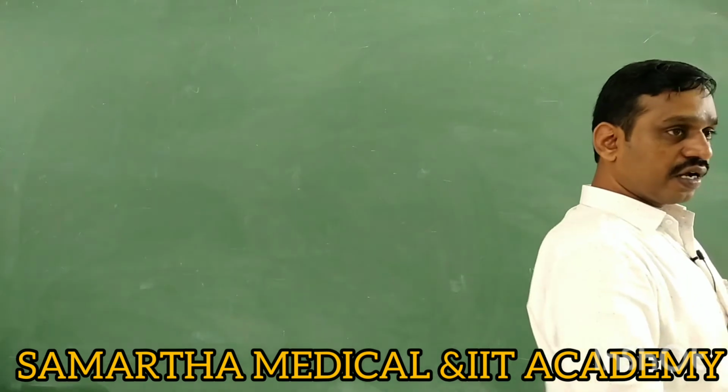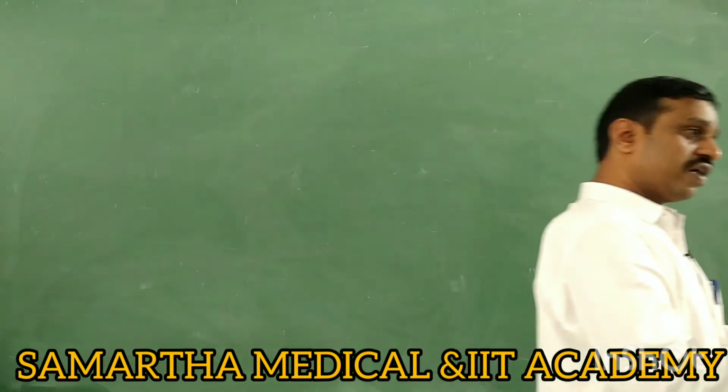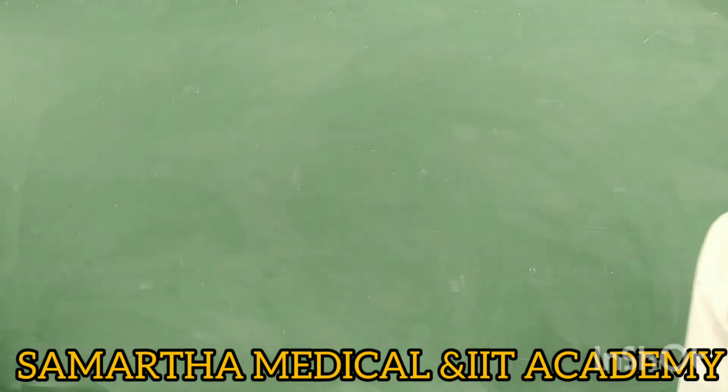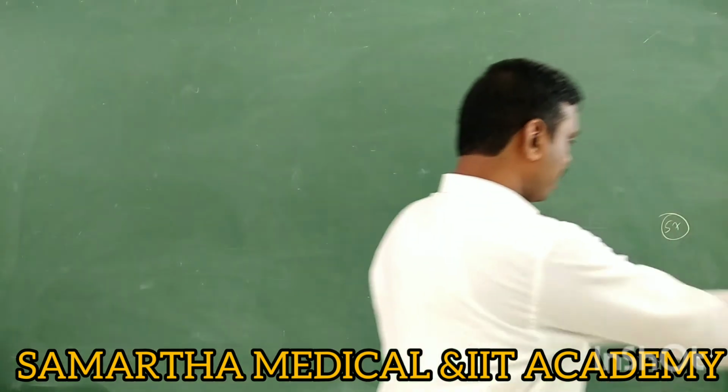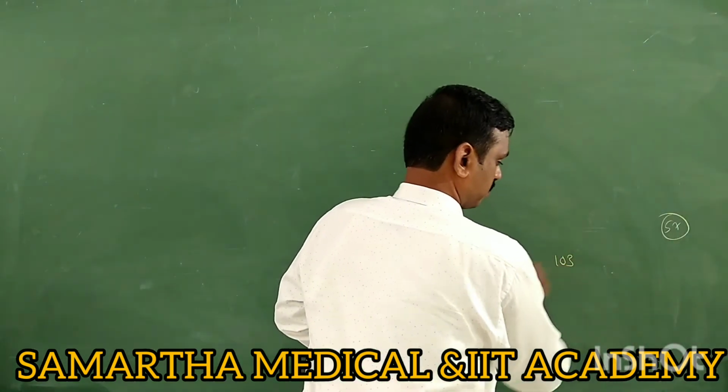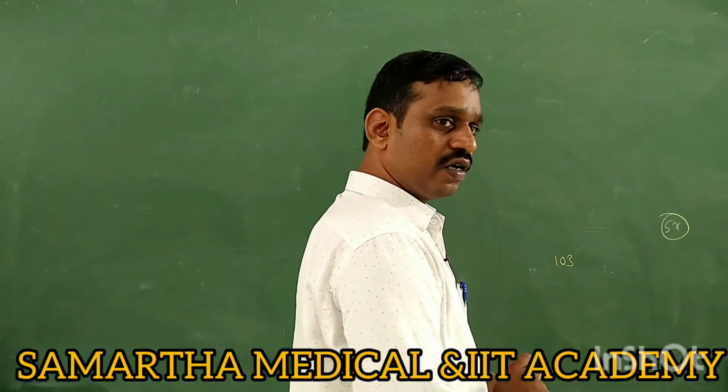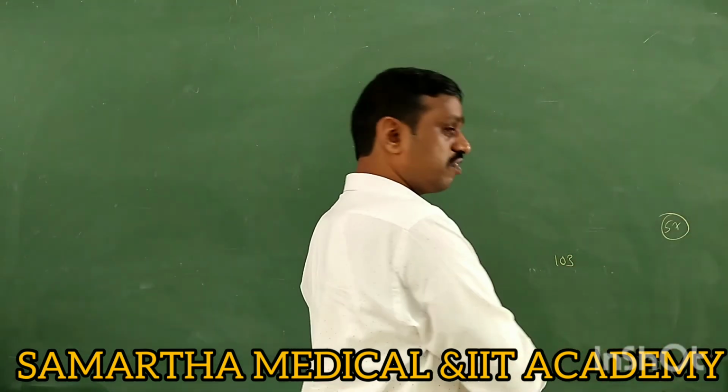You may get questions directly or indirectly. If a question comes based on electronic configuration, and I give an element X whose atomic number is 57 something, it is difficult to write. But if you remember its position, you can identify it within a fraction of a second. If I give atomic number Z equal to 103, they expect the right electronic configuration.